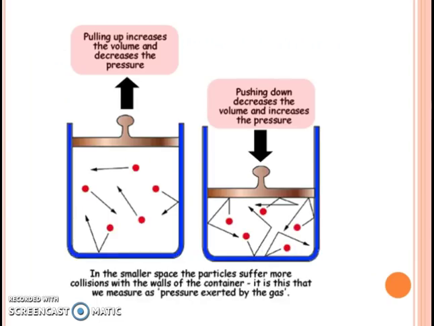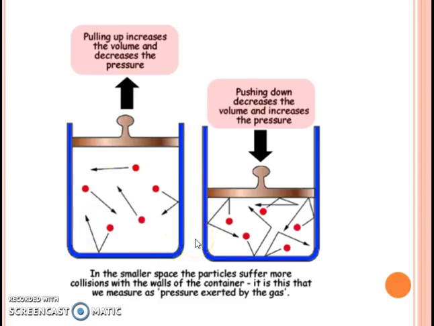So here's a nice little visual representation. You do have this on your note sheet. What you are missing on your note sheet, though, is these particles inside of this container. So what I'd like you to do is take out some colors and draw in the particles colliding with themselves and colliding with the sides of the container. So as a review, our volume right here increases, so there's more space.